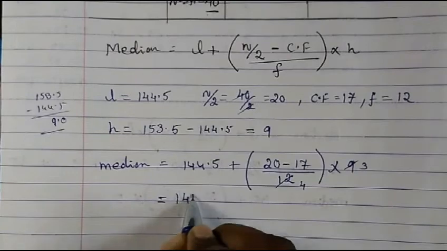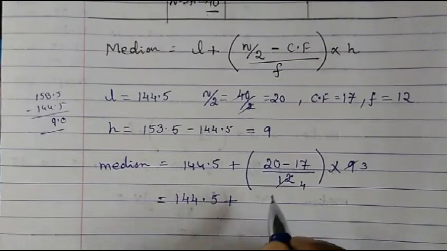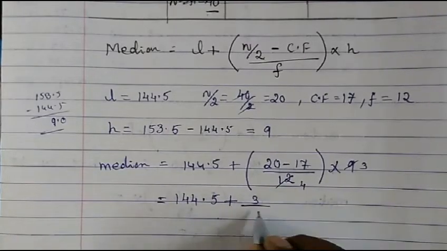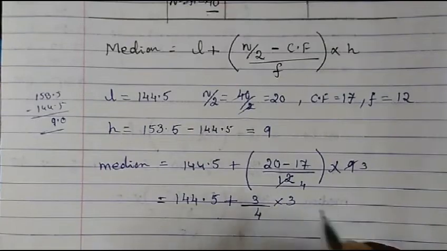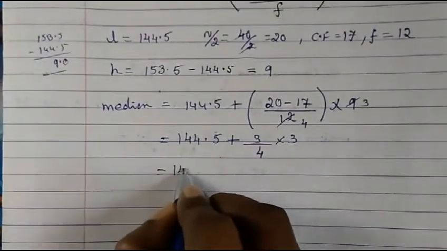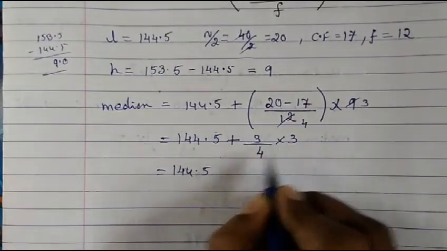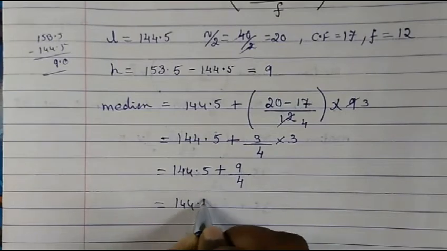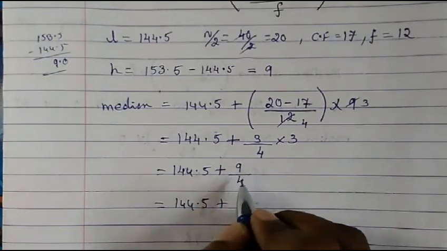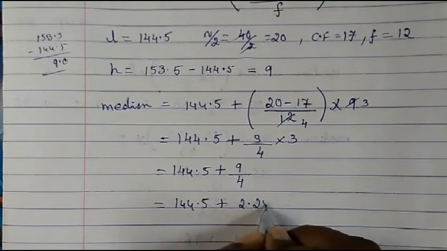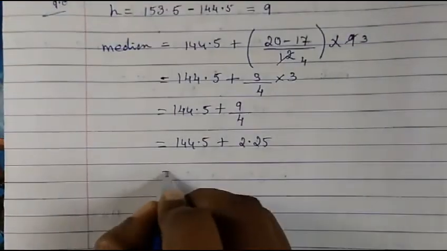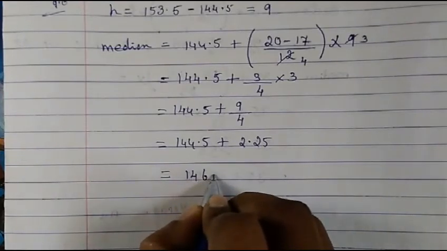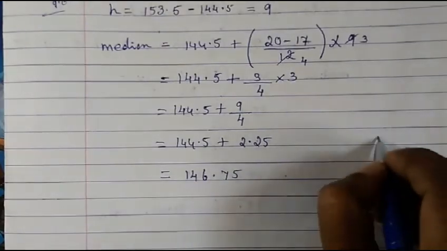So 144.5 plus 20 minus 17 gives us 3 upon 4 multiplied by 3. 3 threes are 9 upon 4. If you do the division, we get 2.25. If you total it, we get 146.75.